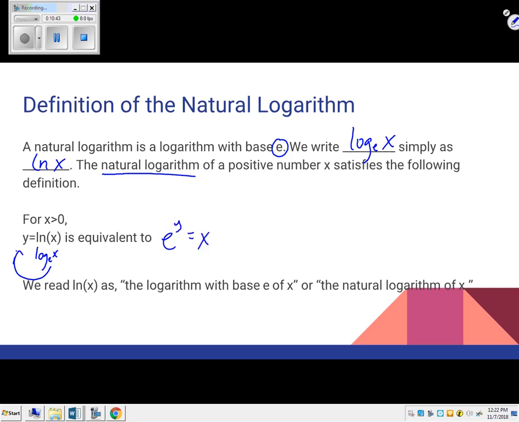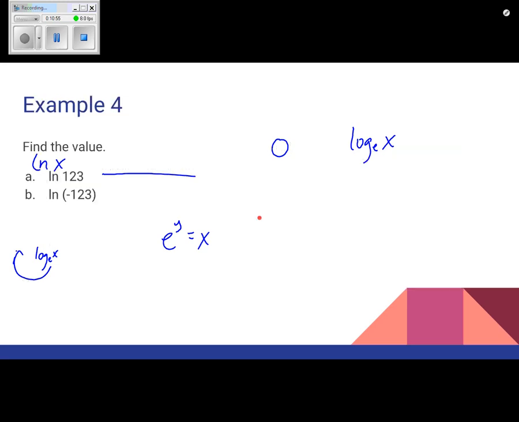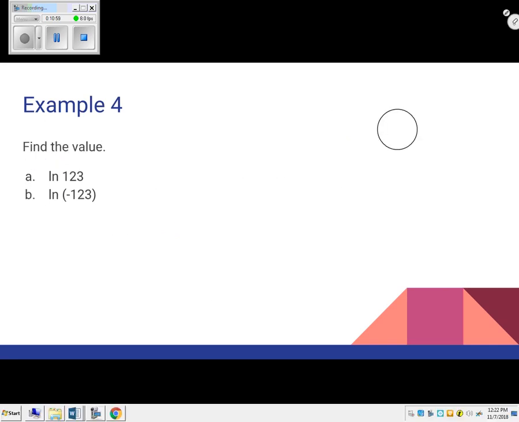Now, since e is this weird number 2.71828 that we found, we're going to have to be using the natural log button on our calculator anytime we see a natural log. So go ahead and find that natural log button, type it in, and see if you get the same answers I'm going to get. Go ahead and pause the video and hit play when you get your answers.